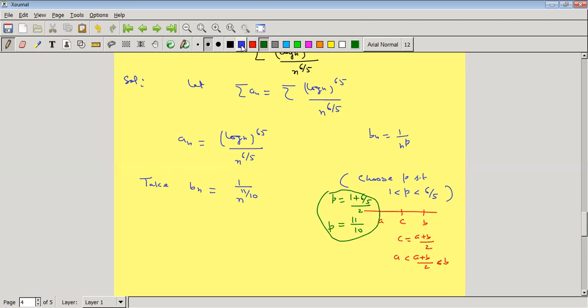So our Bn is 1/n to the power 11/10. Now when we have found Bn, we can find An/Bn. An/Bn is (log n) to the power 6/5 divided by n to the power 6/5 into n to the power 11/10, upon 1.